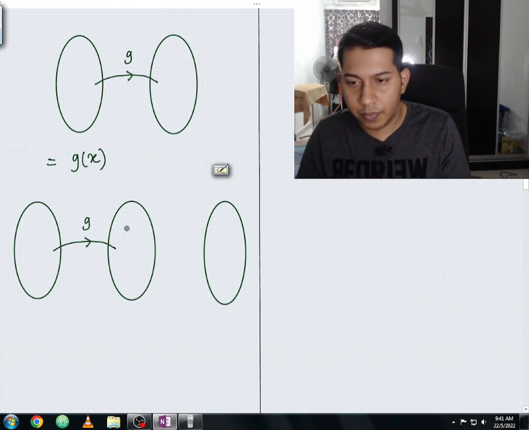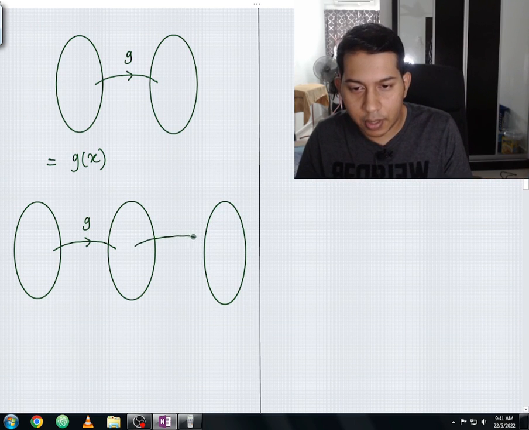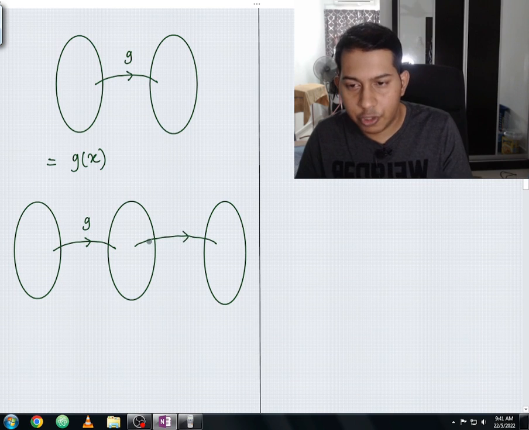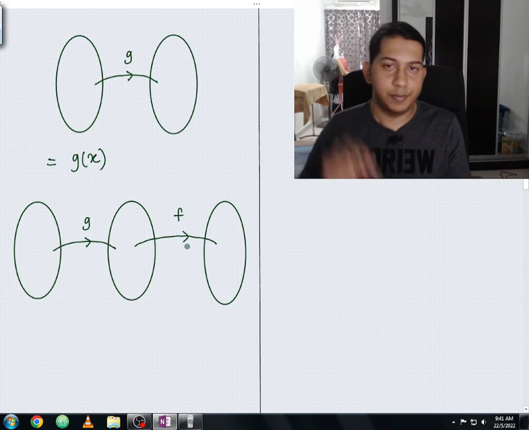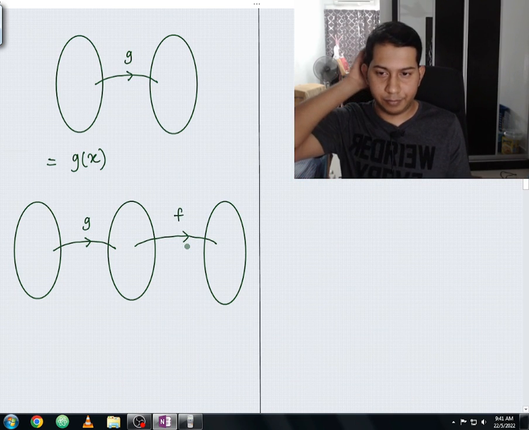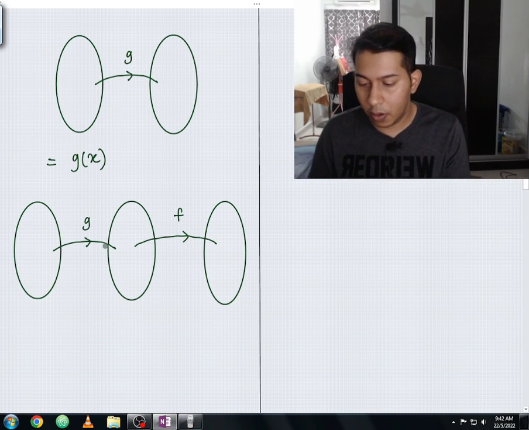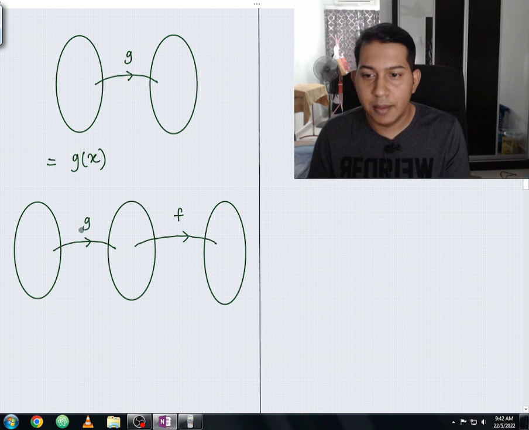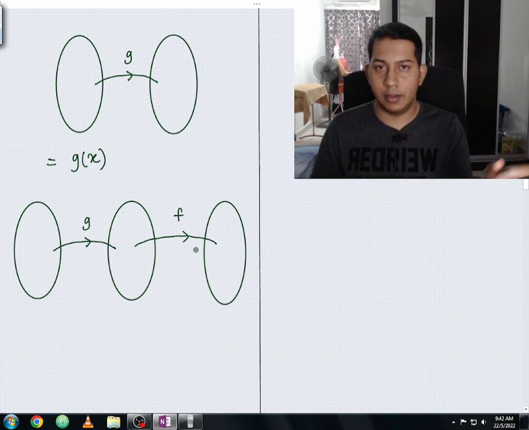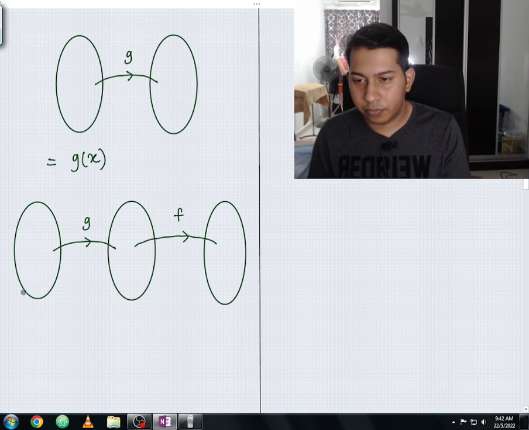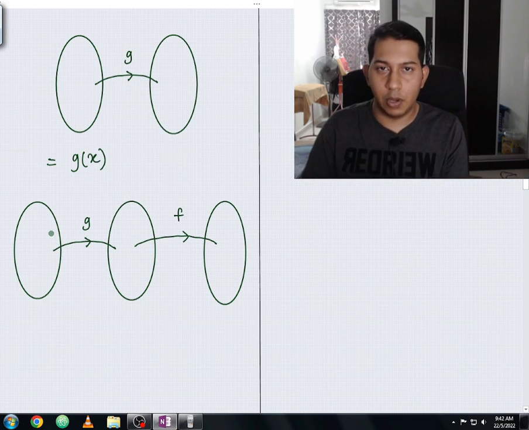Let me draw a second arrow here. So this is how a composite function looks like. Basically it's a combination of more than one function being mapped into one another.